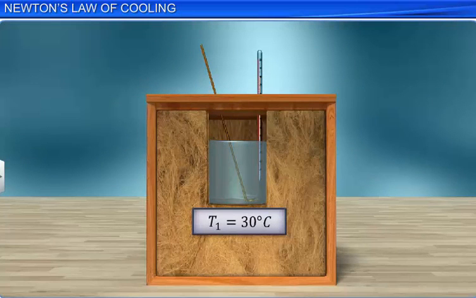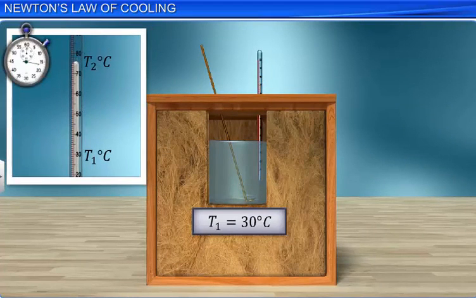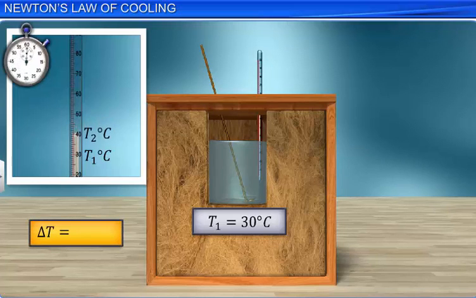Start a stop clock and note the temperature T2 of the water at regular intervals, say after every minute. The difference in temperature between the water and its surroundings is expressed as delta T, which is equal to T2 minus T1.